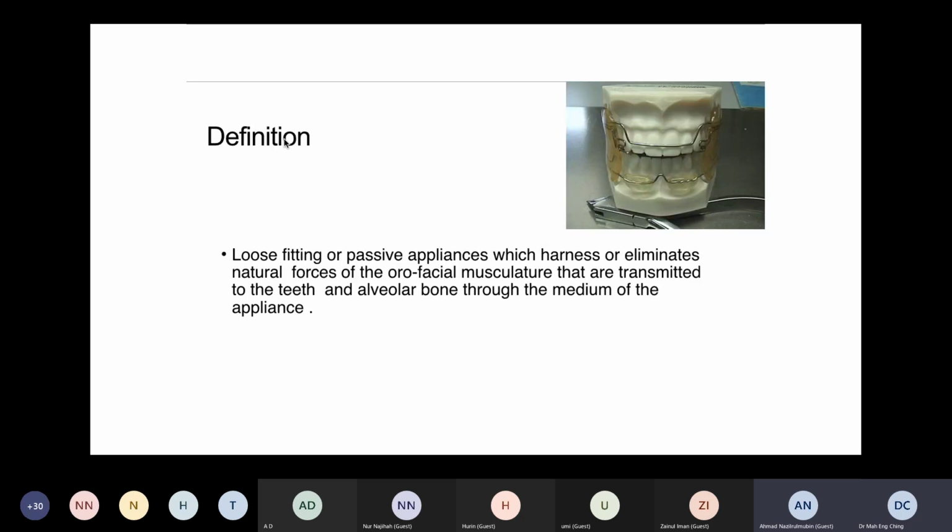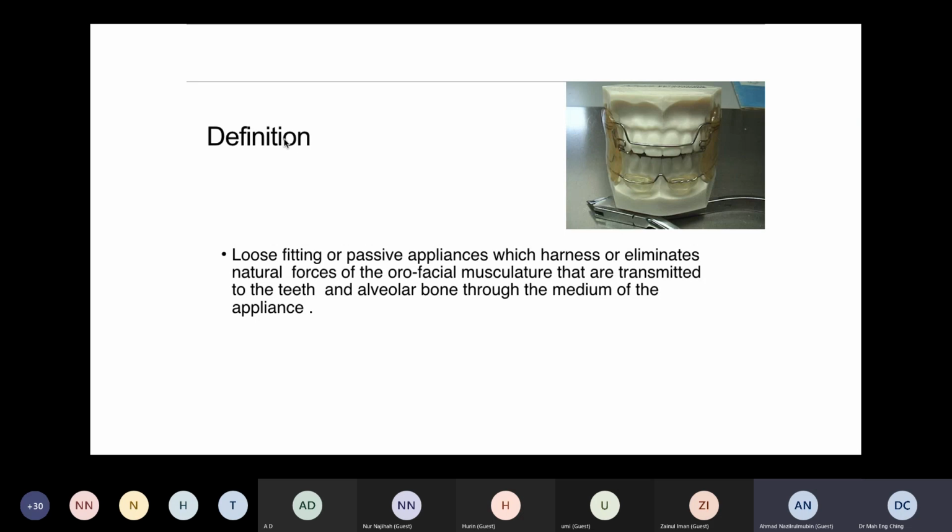So what's the definition? Myofunctional appliances just means loose fitting or passive appliances which harness or eliminate the natural forces of the orofacial musculature that are transmitted to the teeth and available through the medium of the appliances.